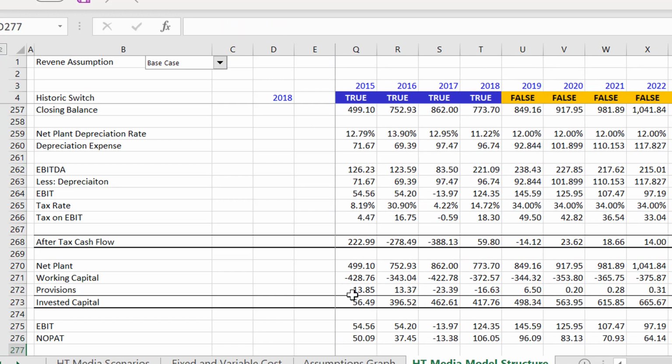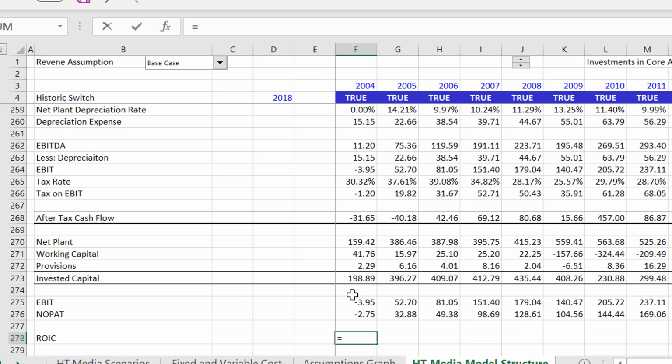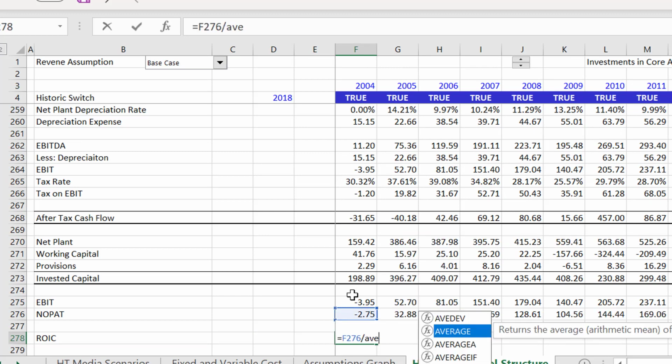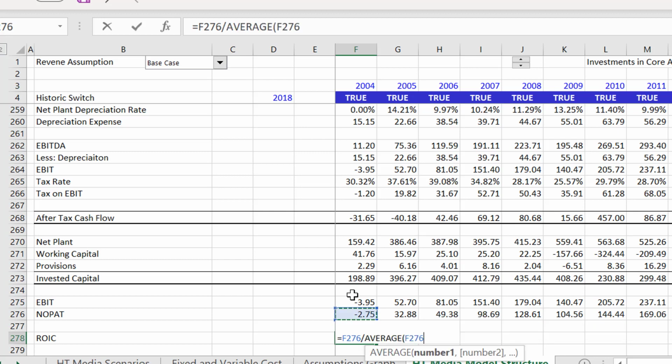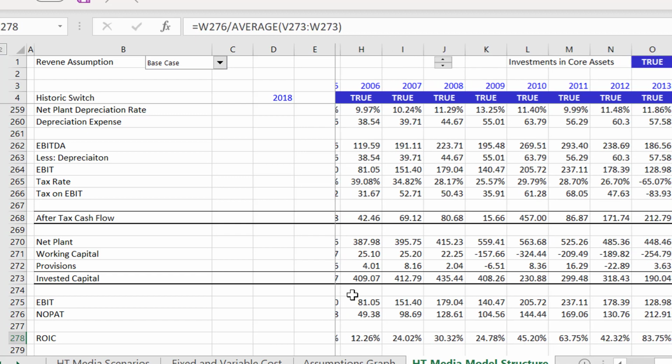In a minute, what we could do is take the NOPAT divided by the average of the opening invested capital and the closing. Don't worry about the first year, okay, and then we can evaluate our assumptions to see if we have something reasonable.